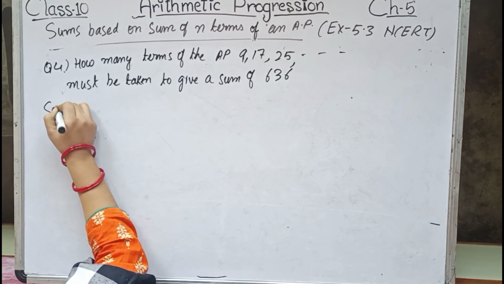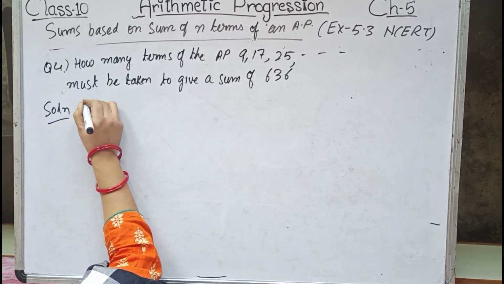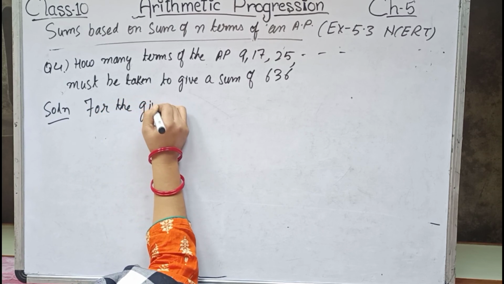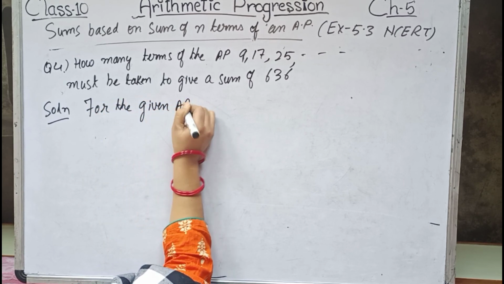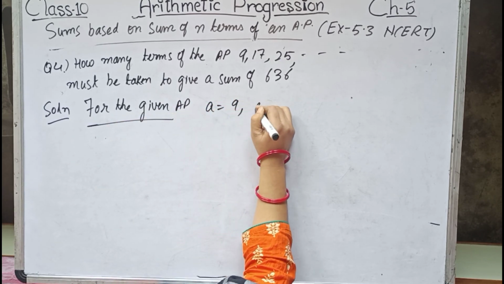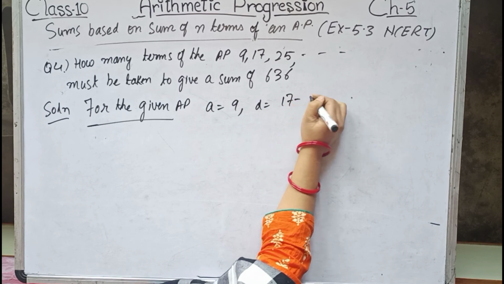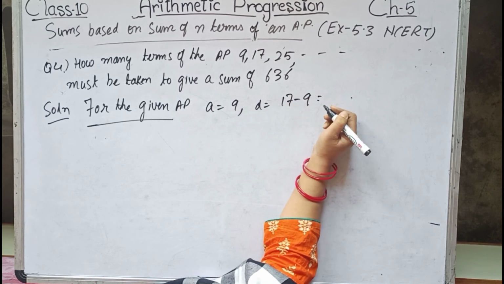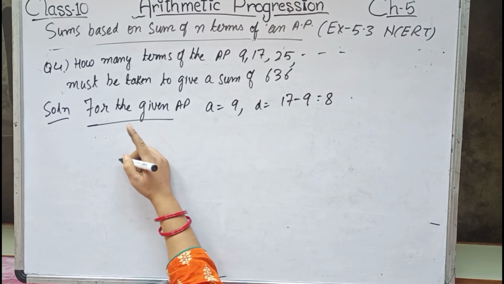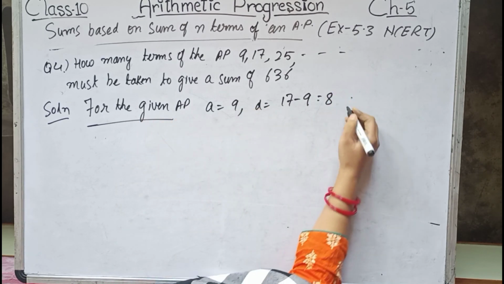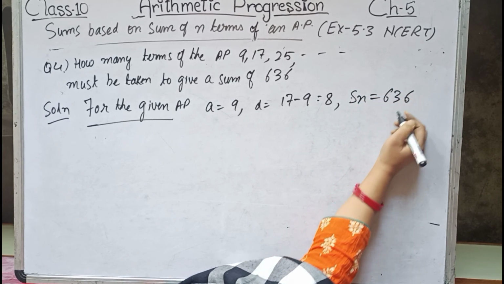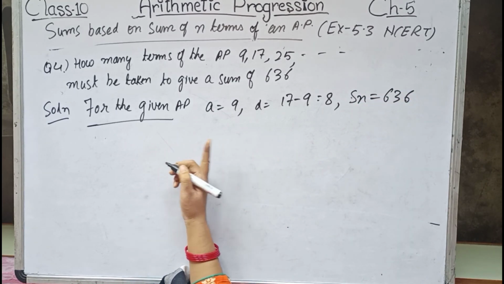So over here children, A is for the given AP. A is given as 9, D is given as 17 minus 9, which is 8, and to give a sum of 636, Sn equals 636. How many terms of this AP?